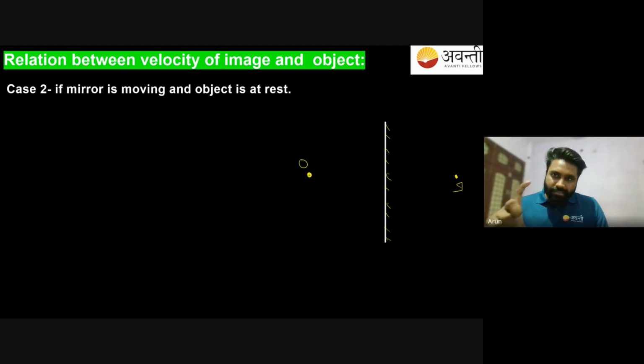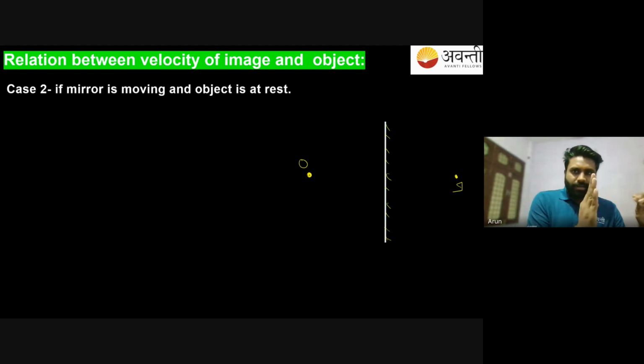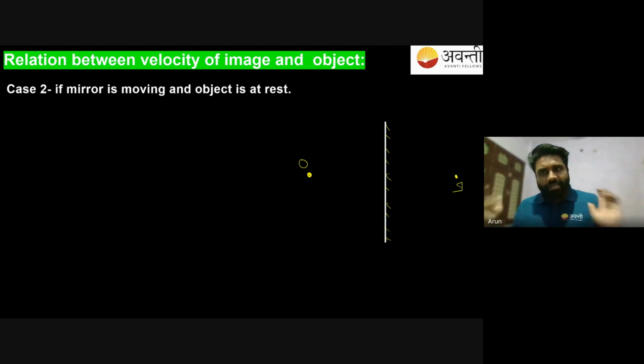With respect to mirror, the velocity of object and the velocity of image will never change. It will never happen that if this is your mirror, this is your object, and you are going with the mirror, the image would change. No, the image would be at the same place, because the same amount the object has shifted, the same amount the mirror has shifted. Means with respect to mirror, the velocity of object and the velocity of image would be the same.